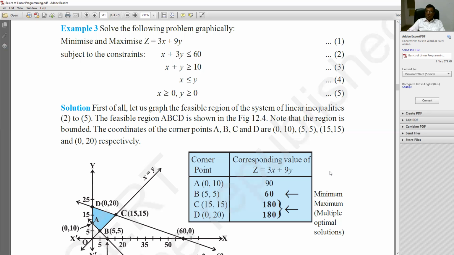Please write solution. I am going to solve the numerical. Then write: it is given that, and we have to discuss these constraints.